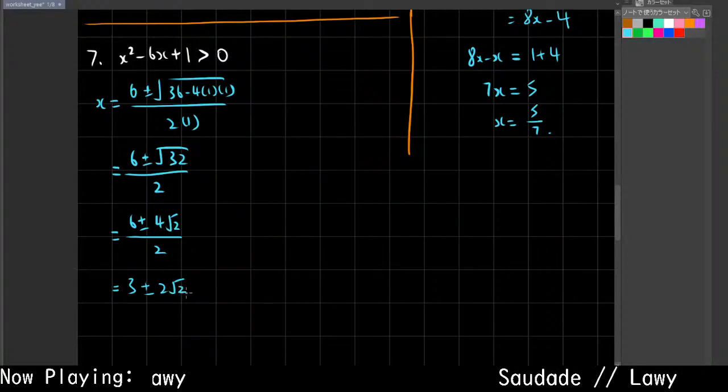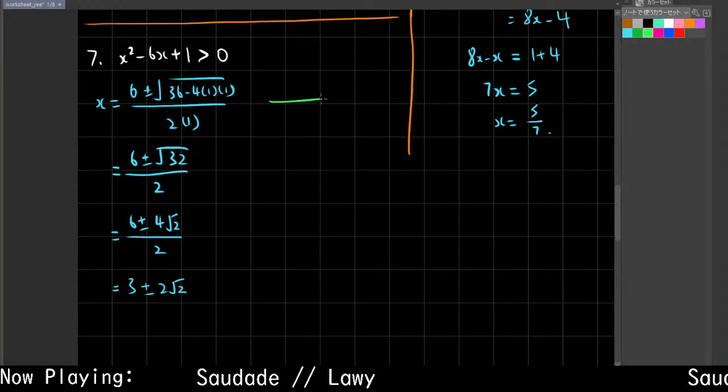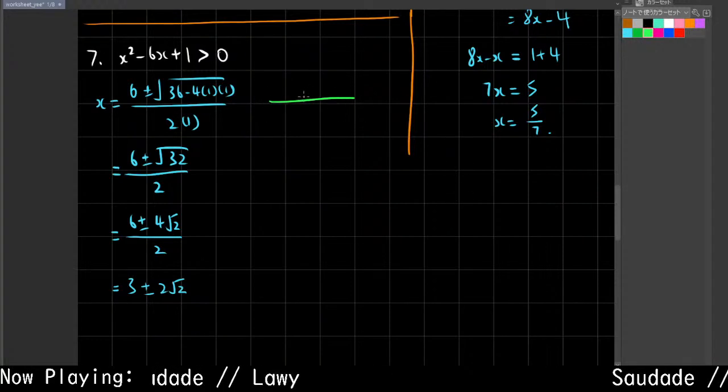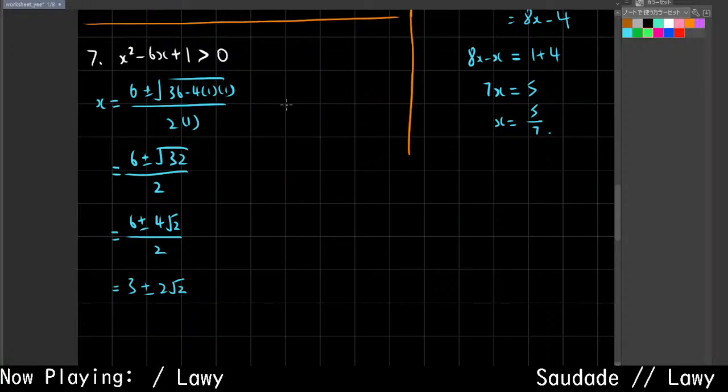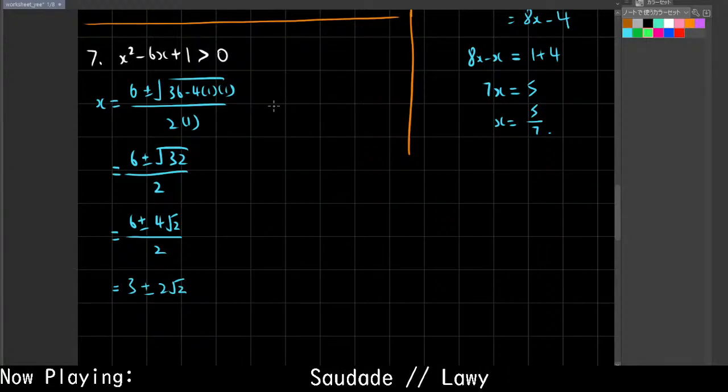This is your x-intercepts. Because this is a quadratic inequality, you want to draw a graph. So let me pick this color.